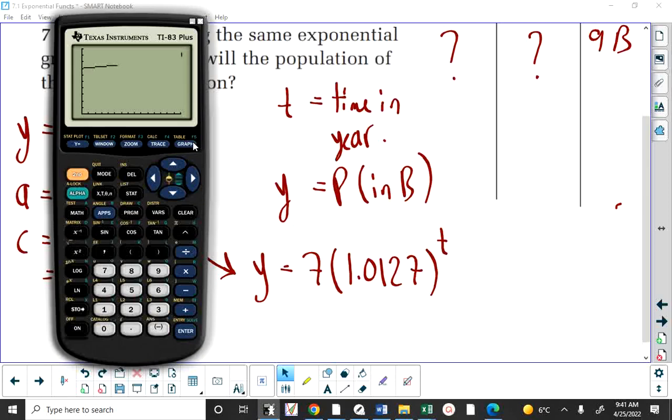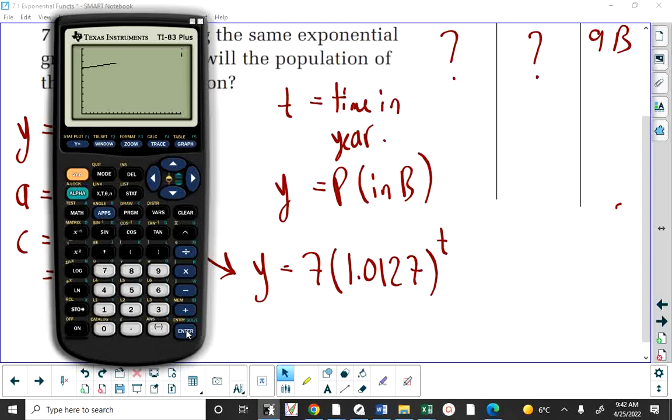There's my population. What I forgot to graph is y equals 9. I also need to graph y equals 9, and I suspect that 10 or 15 years is not good enough. I'm going to have to look further in that direction. But anyway, let's go to 25 years and go to the Calculate menu and choose Intersect.